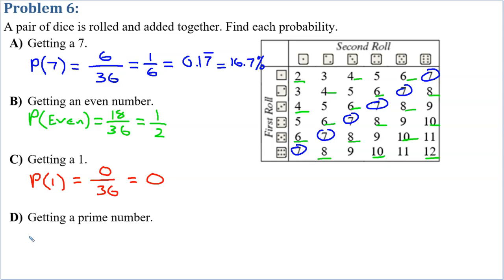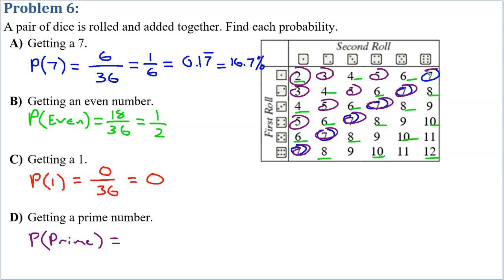All right, then last one here, just another example. Probability of getting a prime, so we could say P of prime. Okay, prime numbers are numbers that are only divisible by 1 and themselves. So for example, we've got 2, 3 is prime, 4 is not prime, 5s will be, 6 is not, 7s will be, 8s are not primes, 9s are not primes, 10s are not primes, but 11s are.